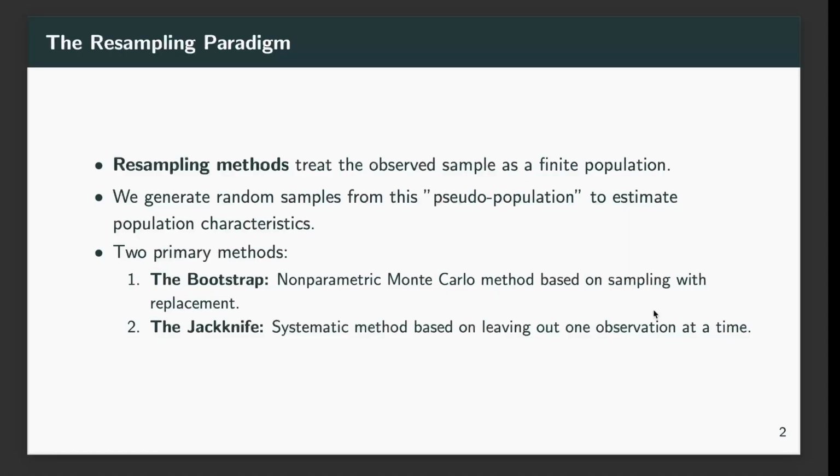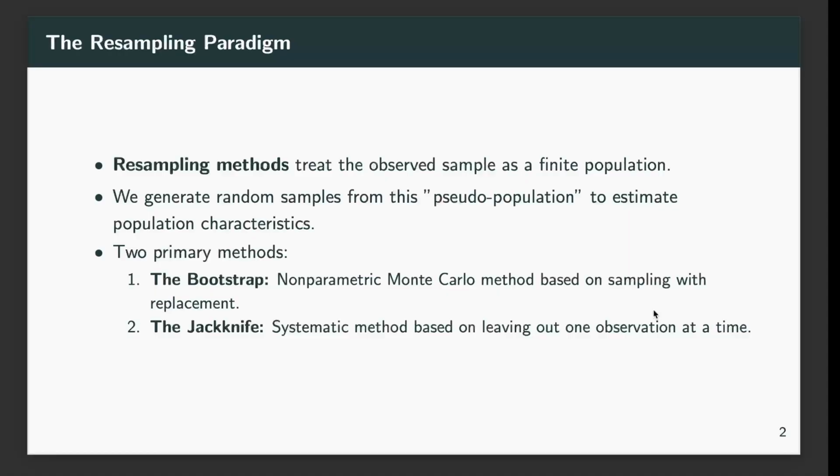So in a sense, we are pulling ourselves up by our bootstraps, which is literally where the name bootstrap comes from. We generate random samples from this pseudo population to estimate the population characteristics.